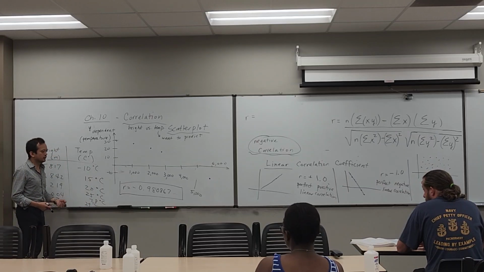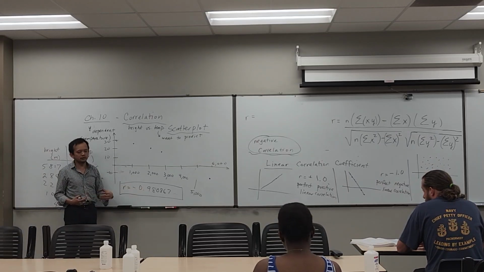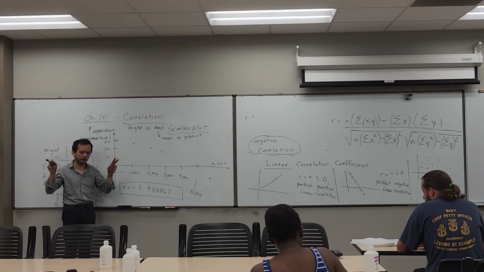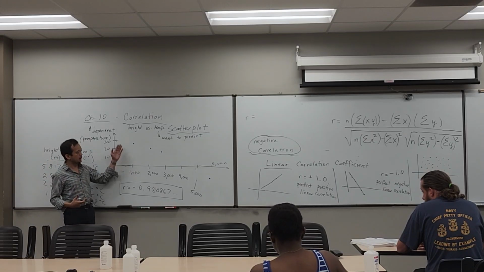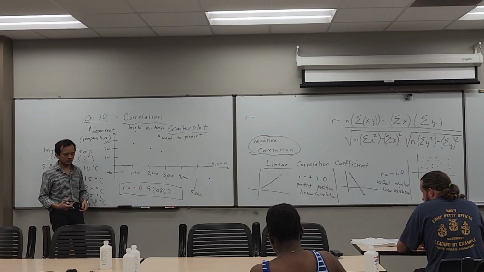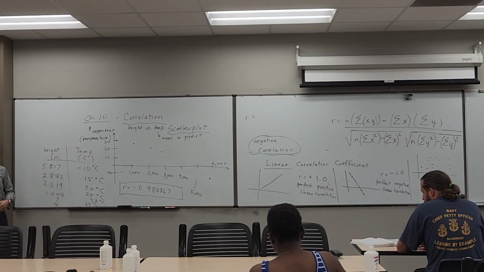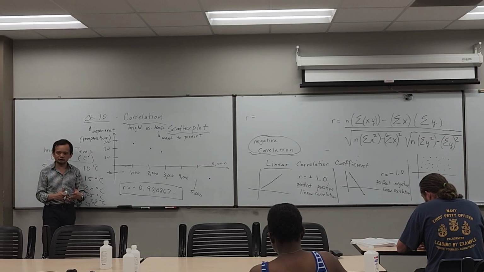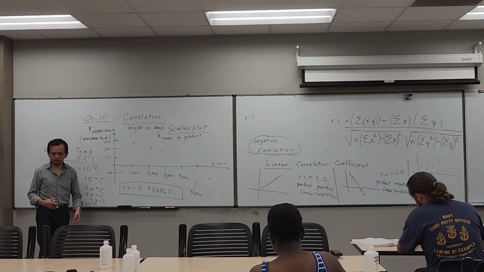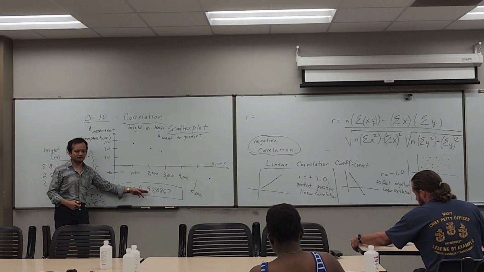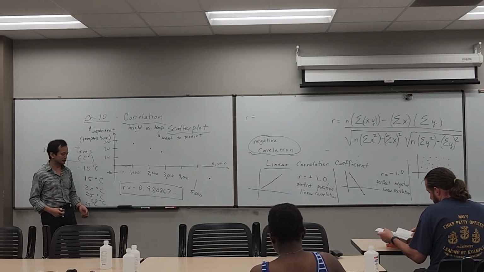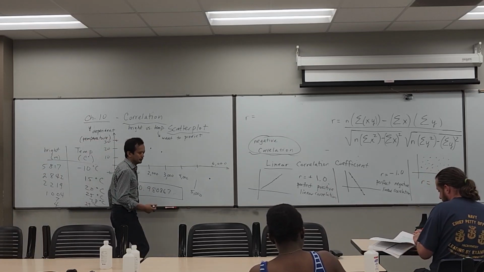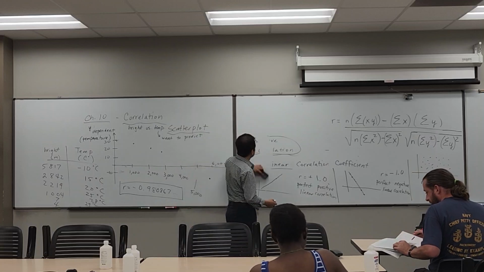So now the question is, okay, this isn't exactly 1, but how do we know whether this is considered close enough to 1 for us to say that this is a line of good fit through these points? Remember in statistics, whenever we try to quantify whether this is good enough or close enough, we've been using a table for that. In this case, the table is basically the one after the chi-square table.